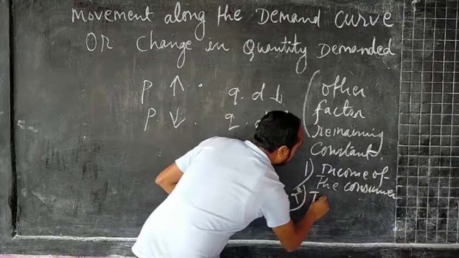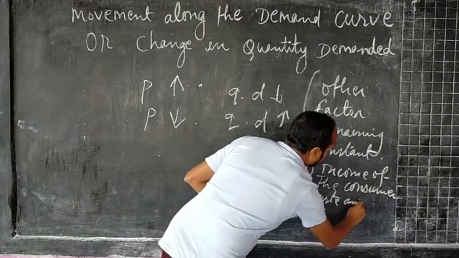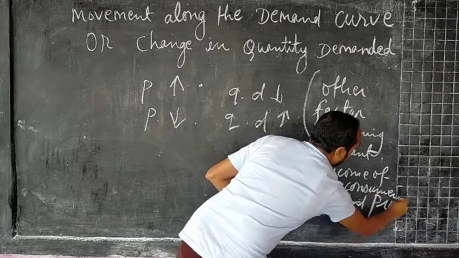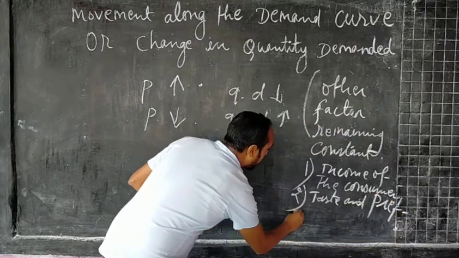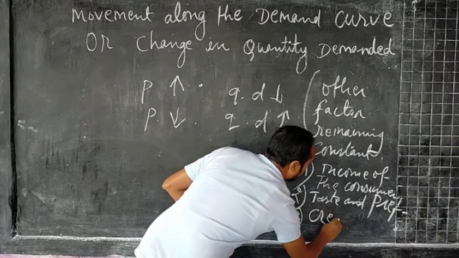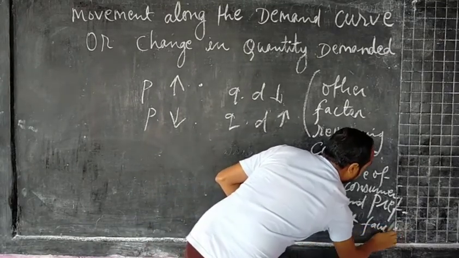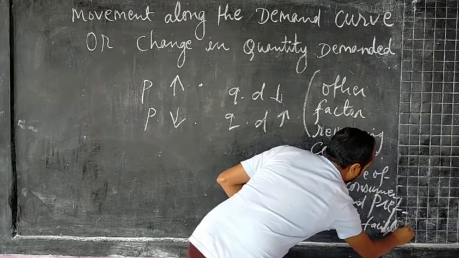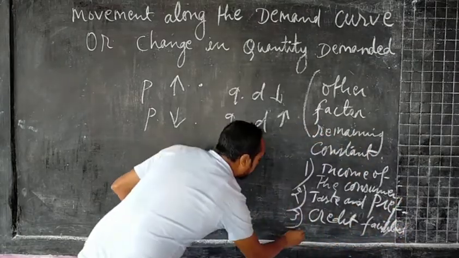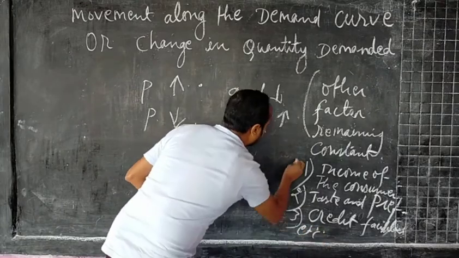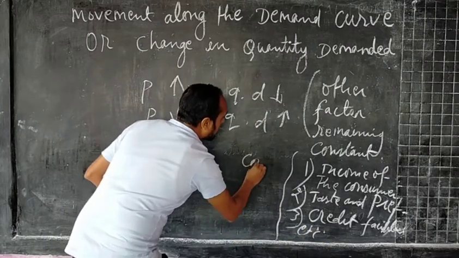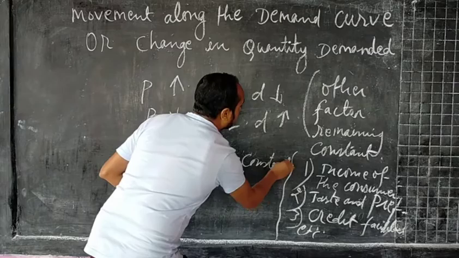Number two, taste and preferences. Then credit facilities, etc. These factors will remain constant.